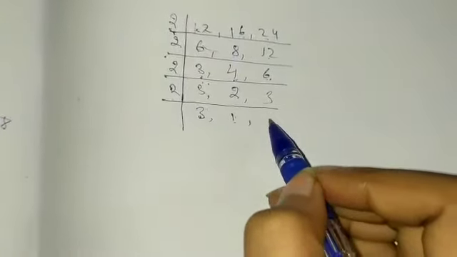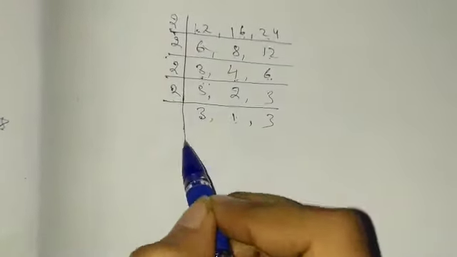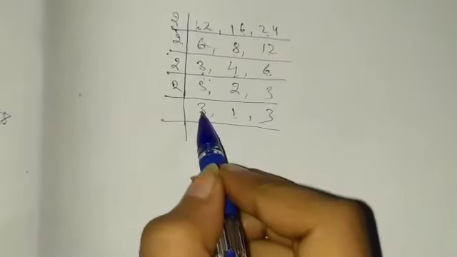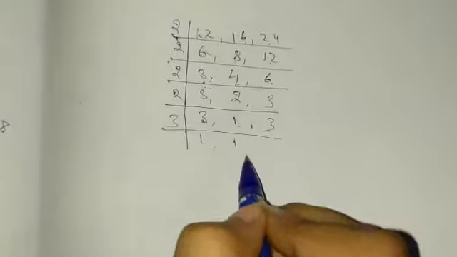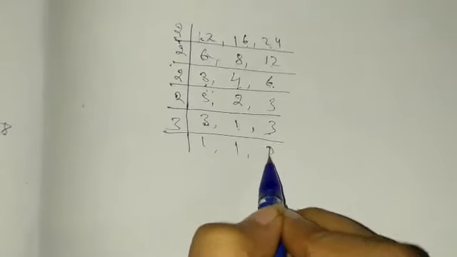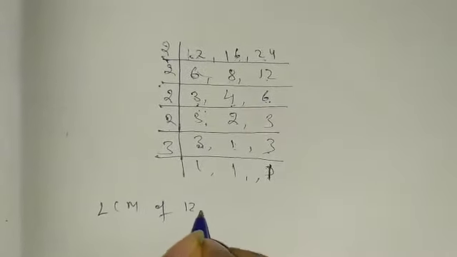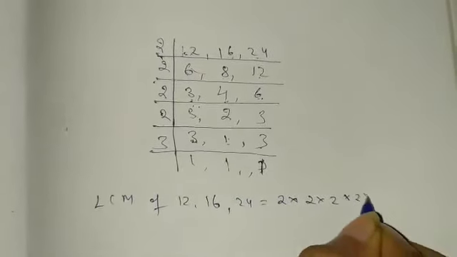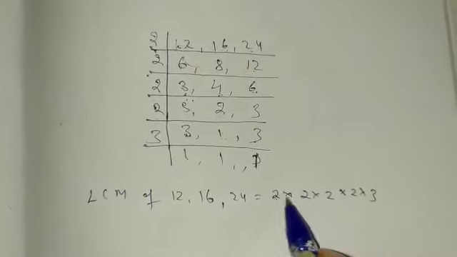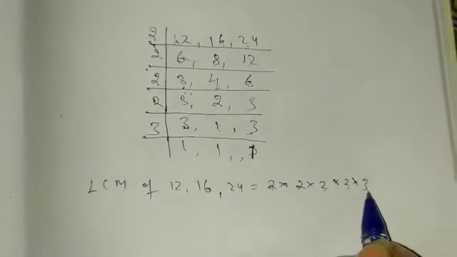Now we can see that there is no more number which is divisible by 2, so we will divide 3 by 3, and at last we will get 1 at all the places. Now LCM of 12, 16, 24 is 48, which we get by multiplying all the factors of 12, 16 and 24.